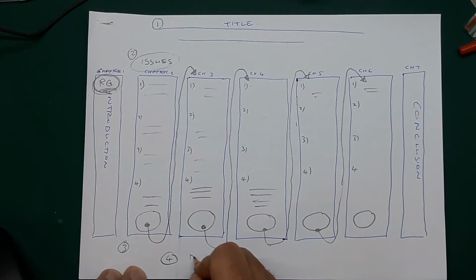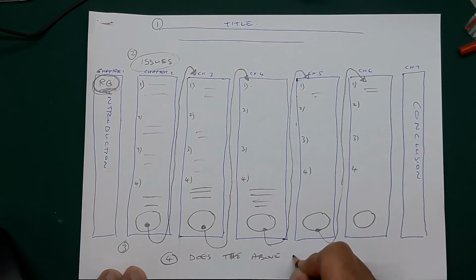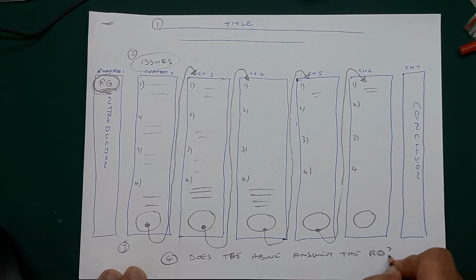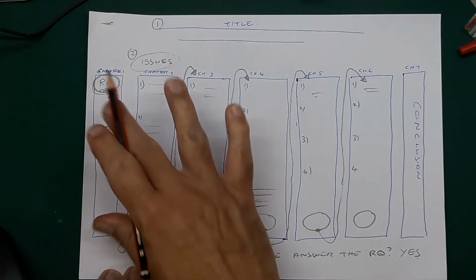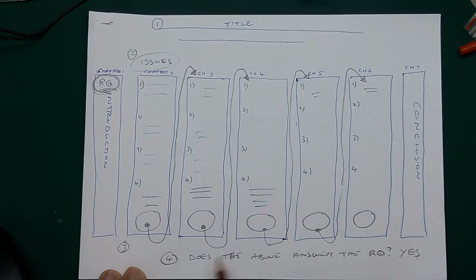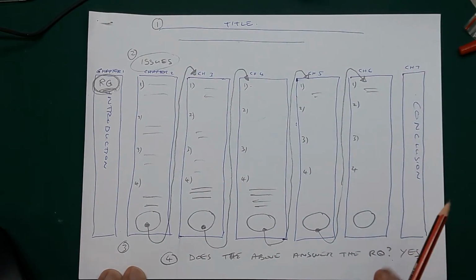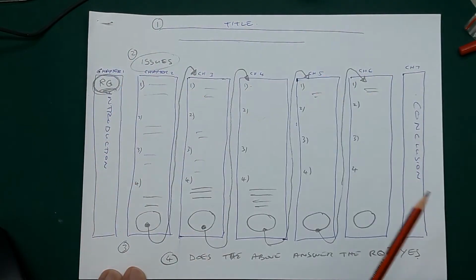So, does the above answer the research question? Okay, and the answer has to be yes. If it doesn't, you will have to revisit this, and this will be dealt with in the conclusion, but we're not going to discuss that at this point. These are basically issues that I want you to deal with.